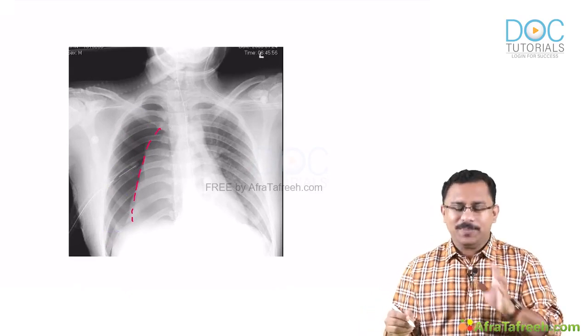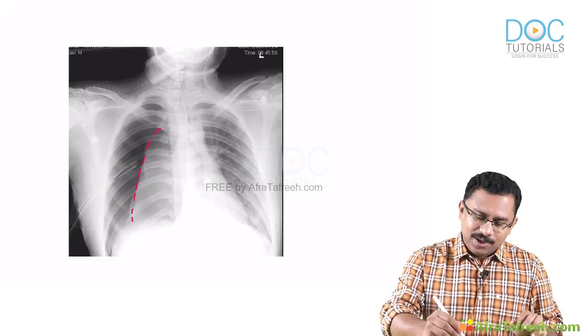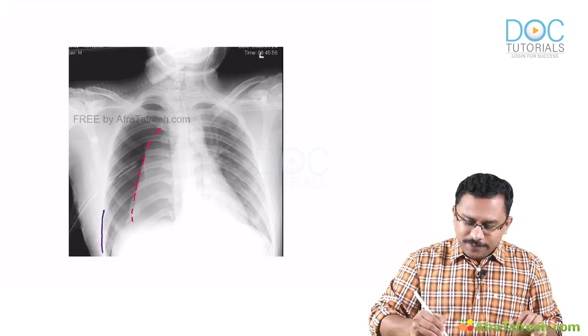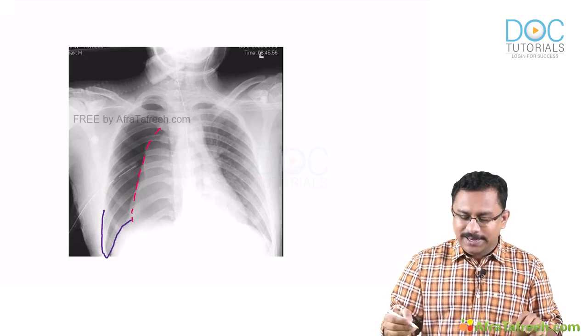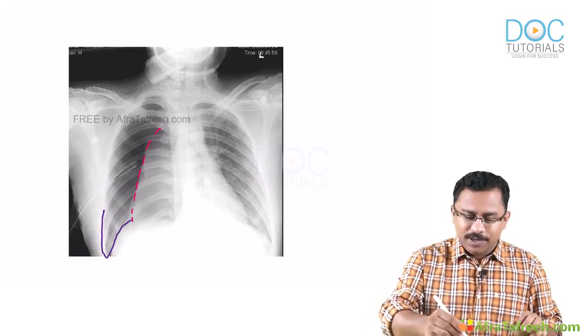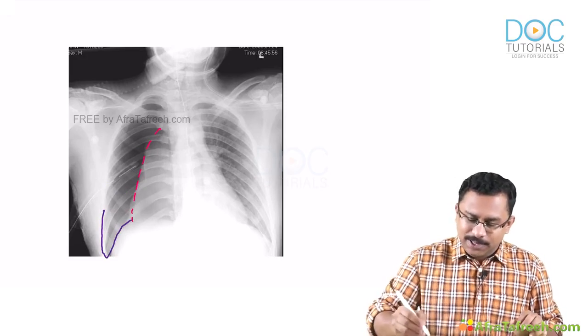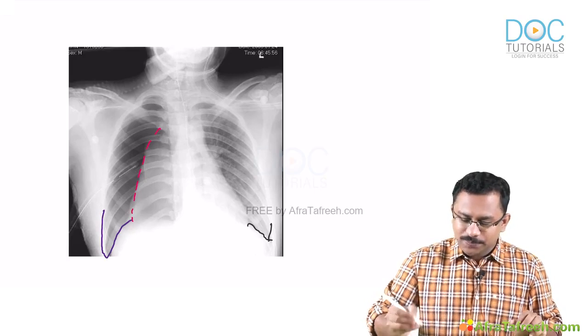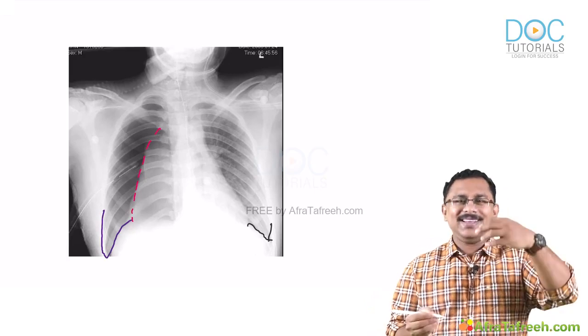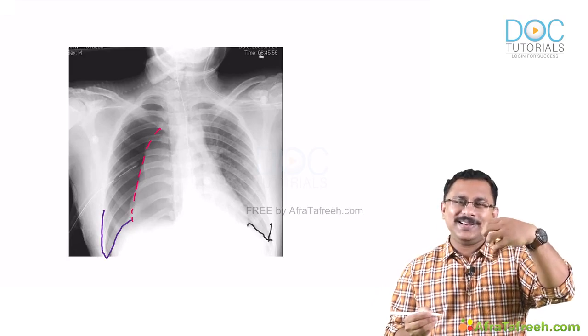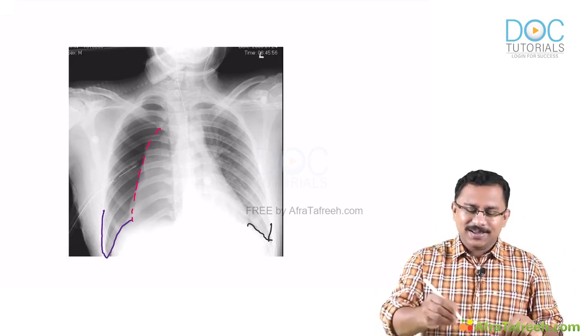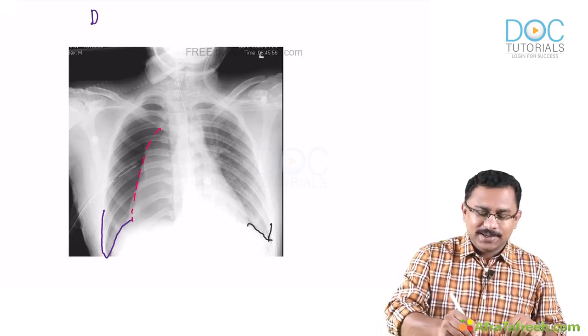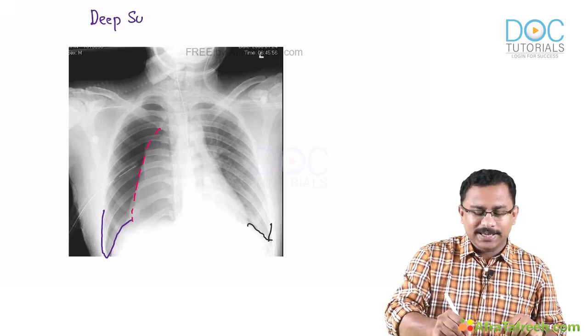But are you able to appreciate that the costophrenic angle is appearing very deep on the side of your pneumothorax compared to the other side? Yes or no? On the right side, the costophrenic angle appears very deep, and this is referred to as a deep sulcus sign.